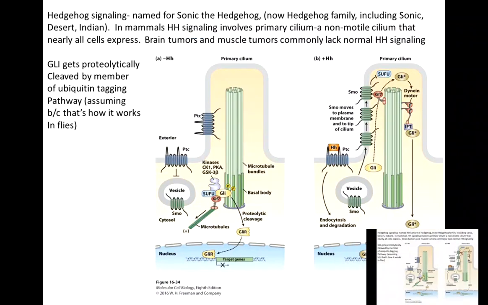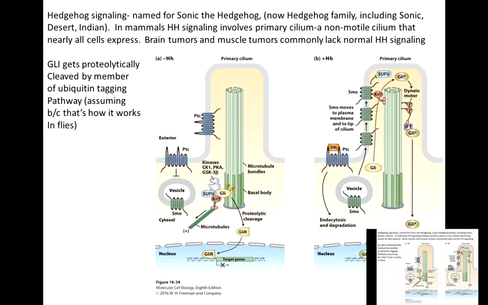One more, and then we'll call it quits for this podcast. And this is hedgehog signaling. This is named for Sonic the Hedgehog, the video game, and recent movie with Jim Carrey. This was the video game that the grad student who discovered this was playing at the time.